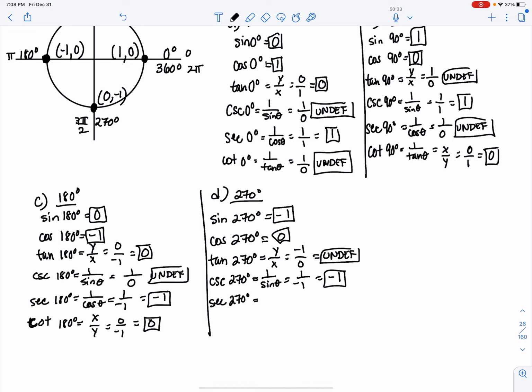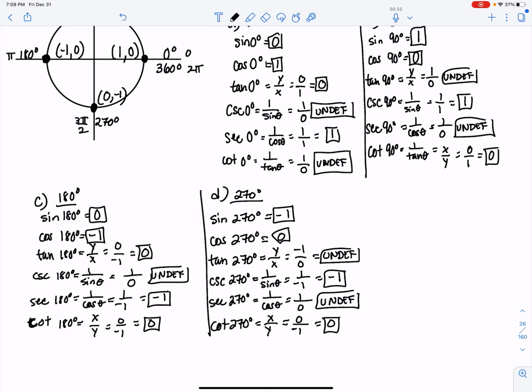So 1 over 0 is undefined. And then finally, I have to do cotangent. So once again, for these, I would highly advise to do x over y, because remember that's a reciprocal of y over x. So my x value at 270, remember, is 0, because that's cosine, over sine, which is negative 1, and that's 0.